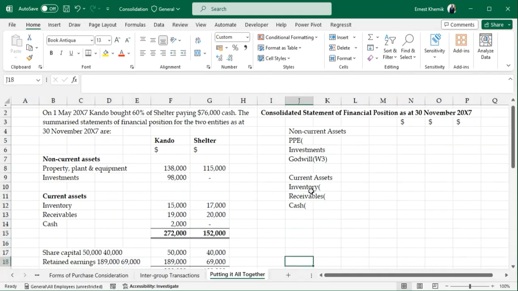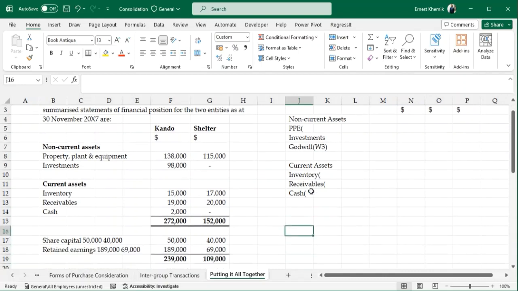Then I'll come to equity and liabilities. So let me bold this.